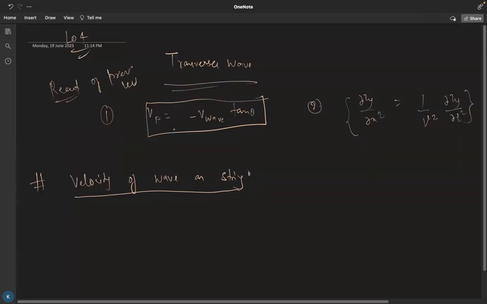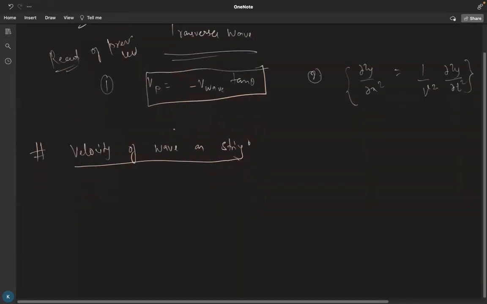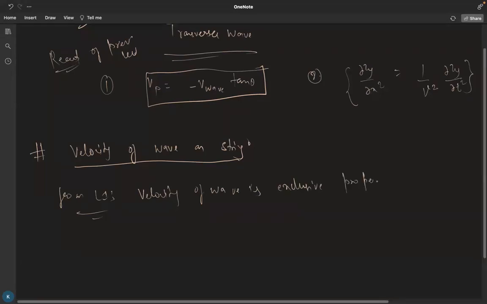So let me write it here again to recall, and then I'm going to discuss this. From lecture 1, what I wrote on that day is that the velocity of wave is an exclusive property of the medium. And why am I saying so?